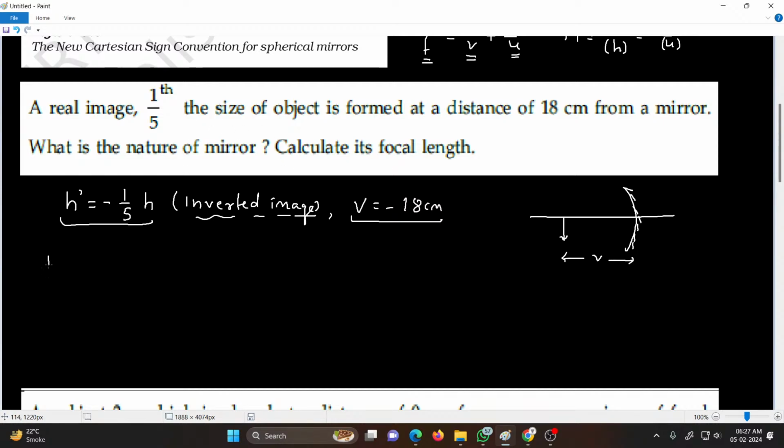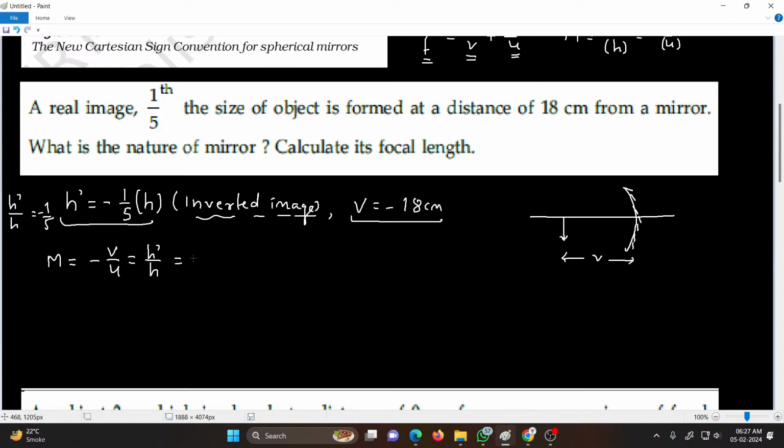Now first we have to use the magnification formula. m is equal to minus v upon u is equal to h dash upon h, and from that you will get an equation which relates v and u together. h dash upon h, if you transpose this h on the left side, will be minus 1/5.